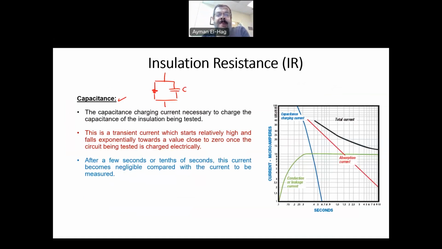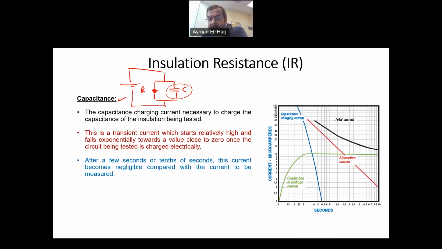This is the capacitance and this is your R. When we apply our DC voltage here, the moment you close the switch, the capacitor changes into a short circuit. This is how the capacitor reacts to the DC, and then eventually it becomes an open circuit.